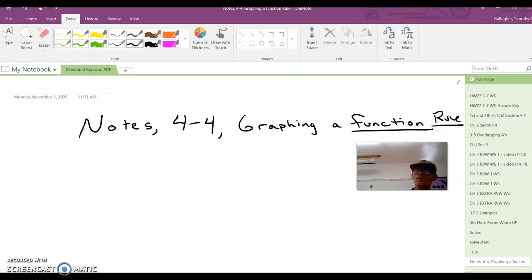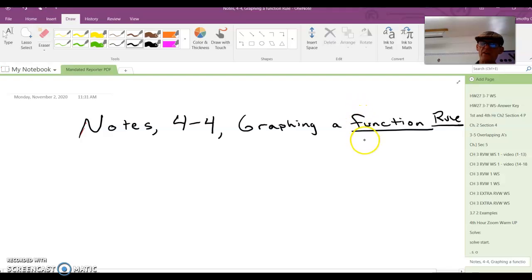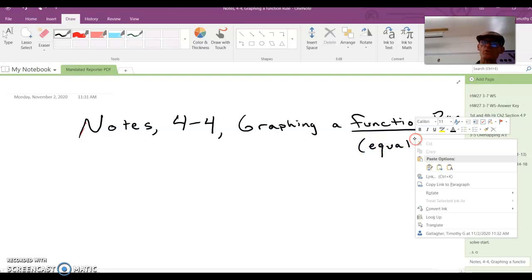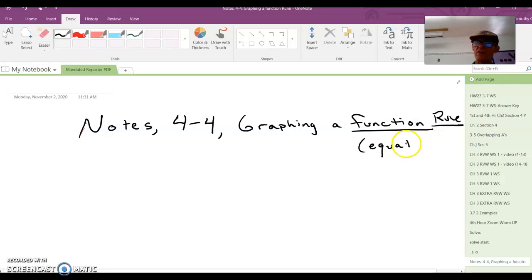A function rule is a fancy way of saying equation. So, graphing an equation.